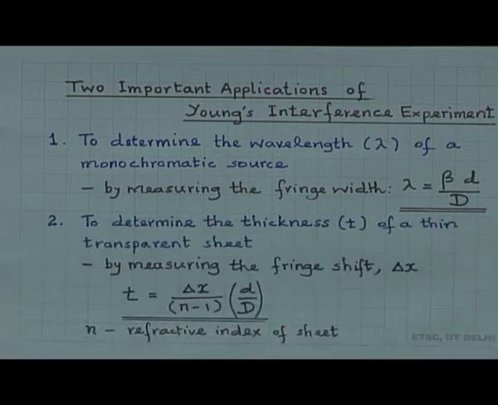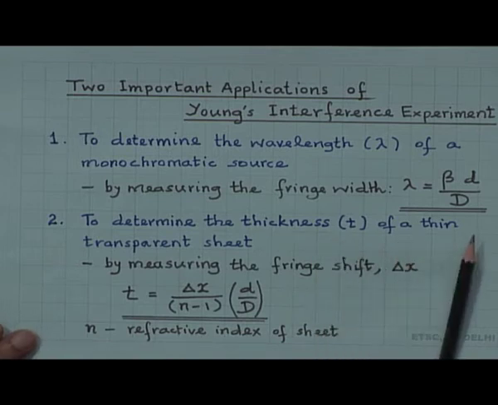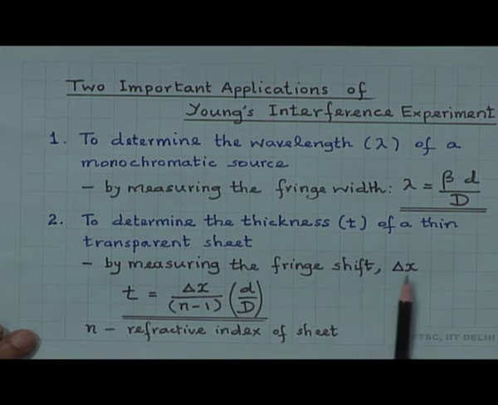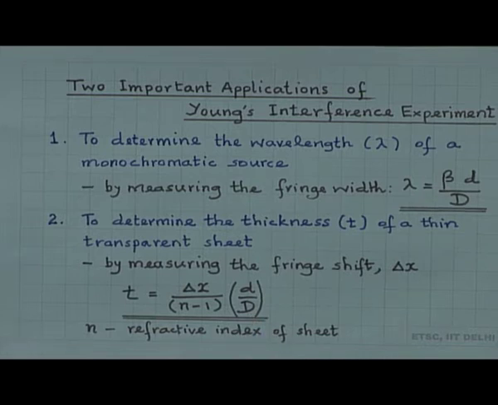The second important application is to determine the thickness t of a thin transparent sheet by measuring the fringe shift delta x. We have derived the expression t equals delta x divided by (n minus 1) into d by D, where n is the refractive index and delta x is the fringe shift. d is as before the separation between the two holes and D is the distance to the screen.